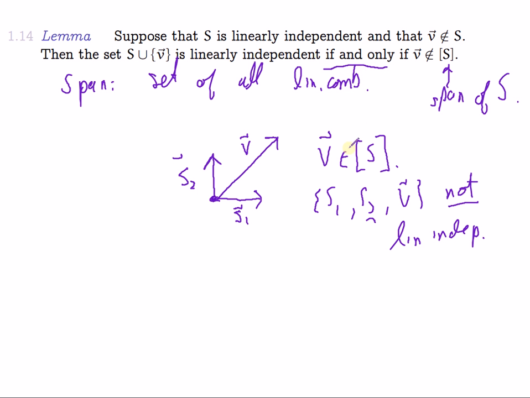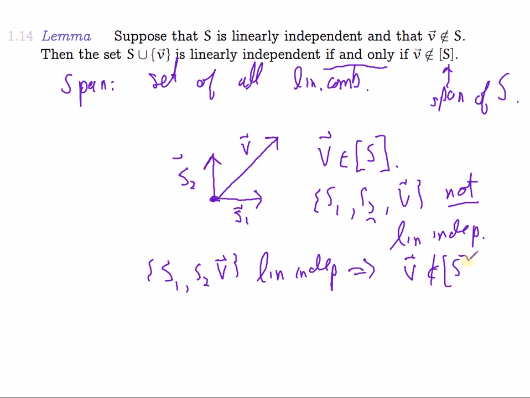We've shown that if V is in the span of S, then these three vectors are not linearly independent. That's the contrapositive of: S1, S2, V linearly independent implies V is not in the span of S. So this example is an example of the contrapositive of this statement here.